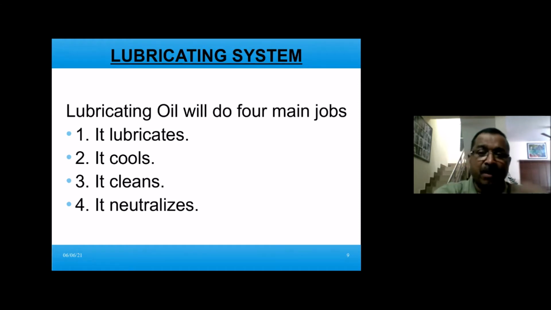So the lubricating oil will come and moisturize the carbon deposit inside the cylinder, and while moving down, the scraper ring will wipe out all these deposits, and it will be deposited into the lube oil sump.